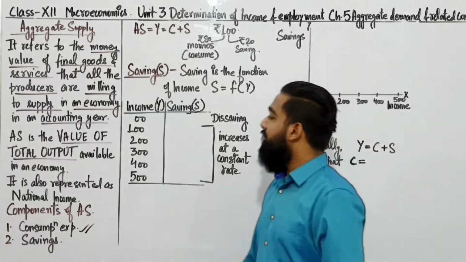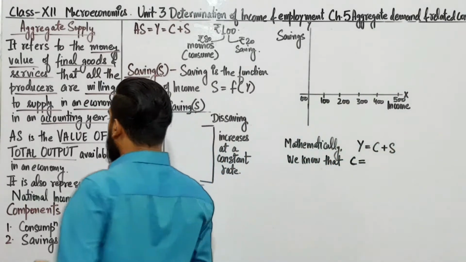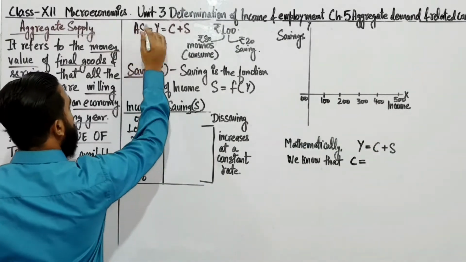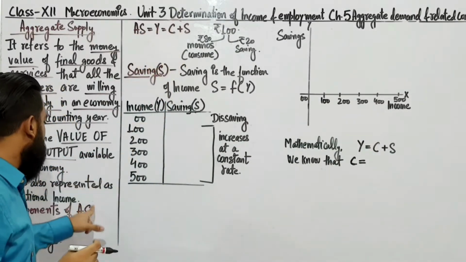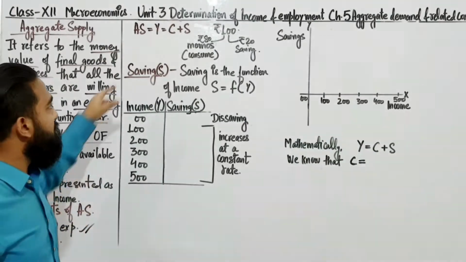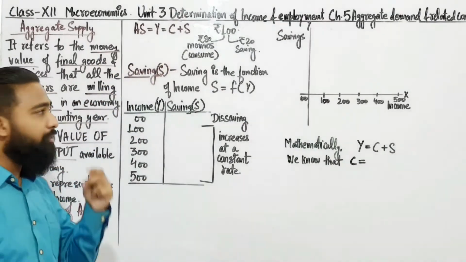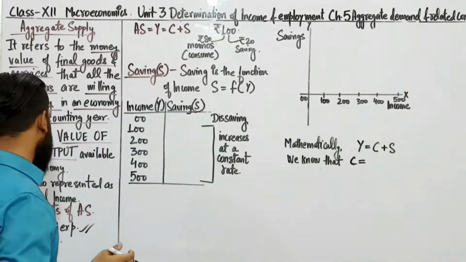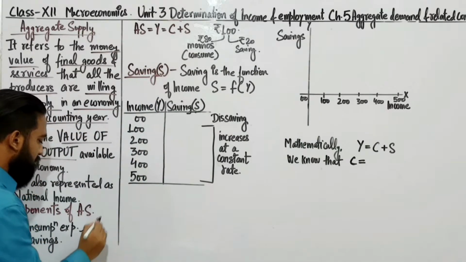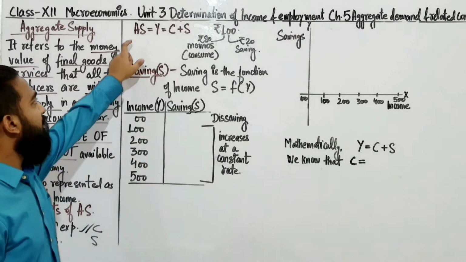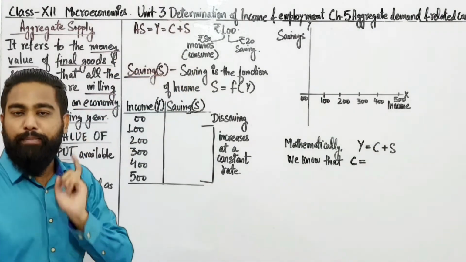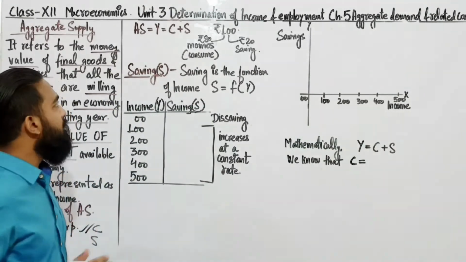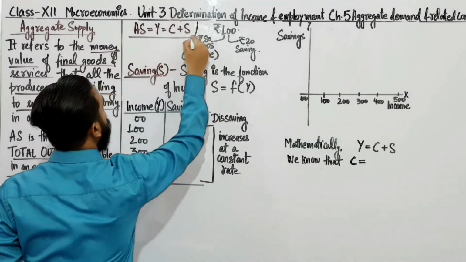If you sum it up in a formula, aggregate supply is equal to national income, which is denoted as Y. And this aggregate supply has two components, which are consumption and savings. So we can say that AS is equal to C plus S, or Y is equal to C plus S. So we have got this formula.